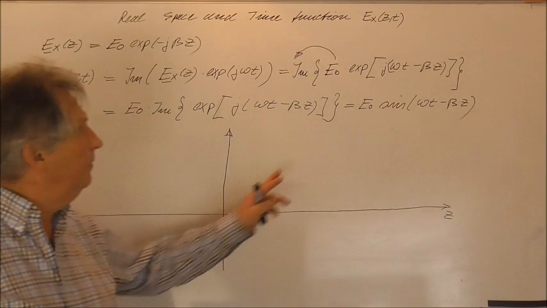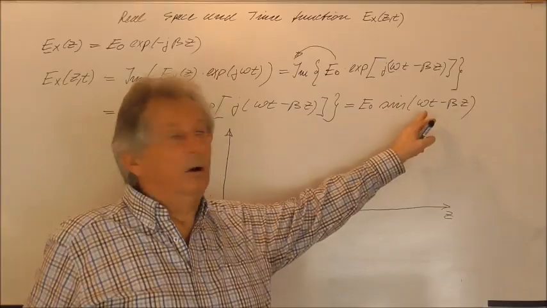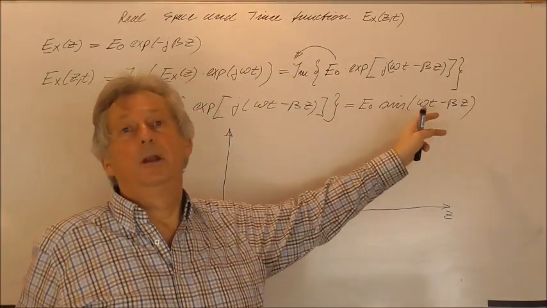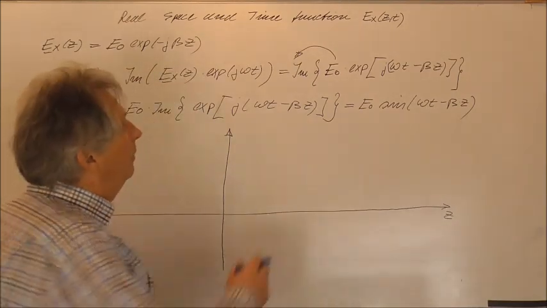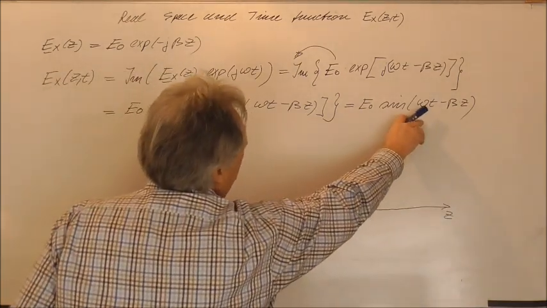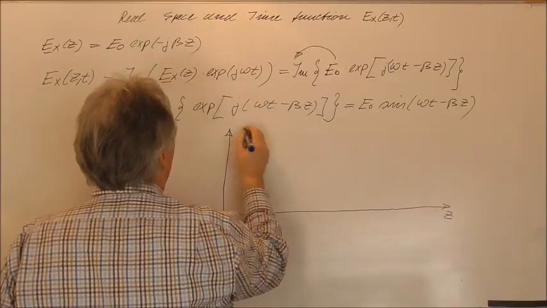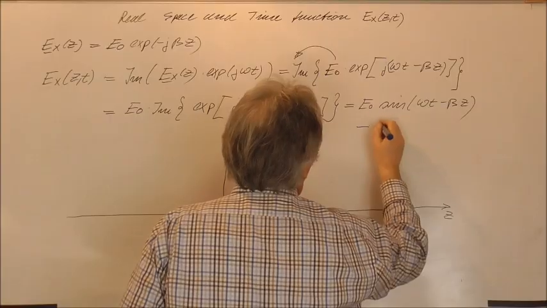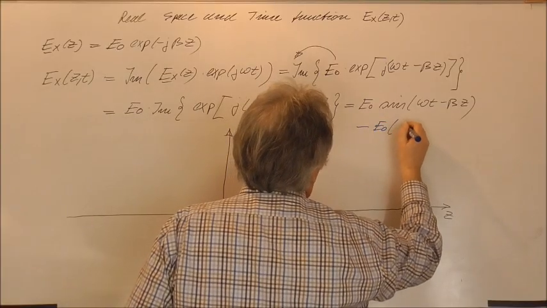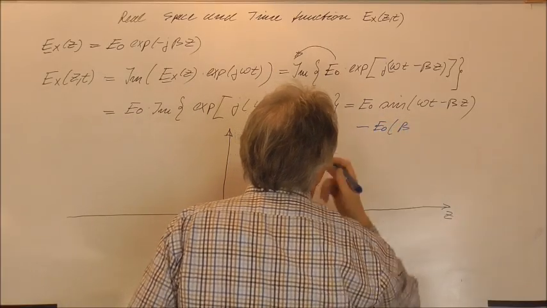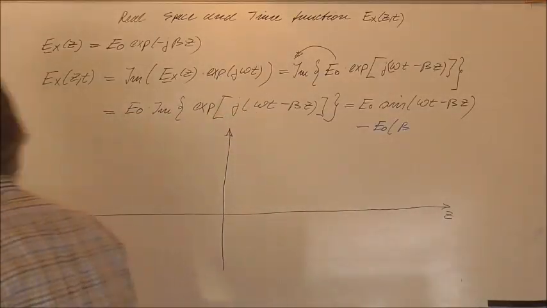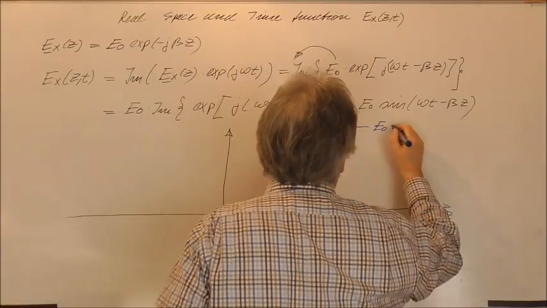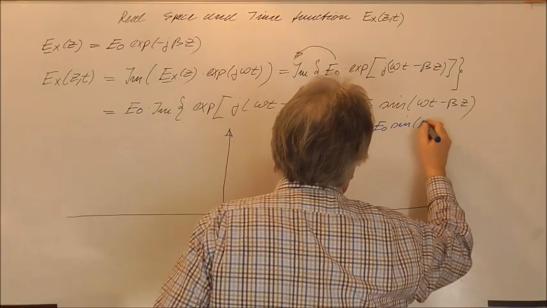But you see this function is a function of space and time, so I will look at this function at a certain time instant, for example t equal to 0, and then we will have here minus E naught, oh sorry, it must be written here, sine of beta times z.